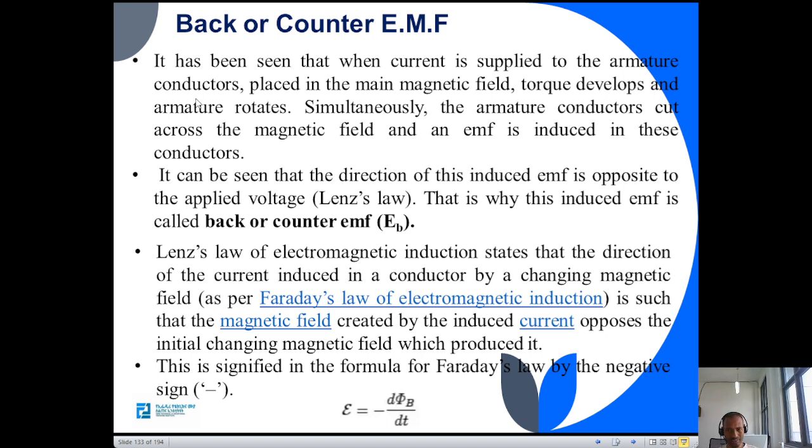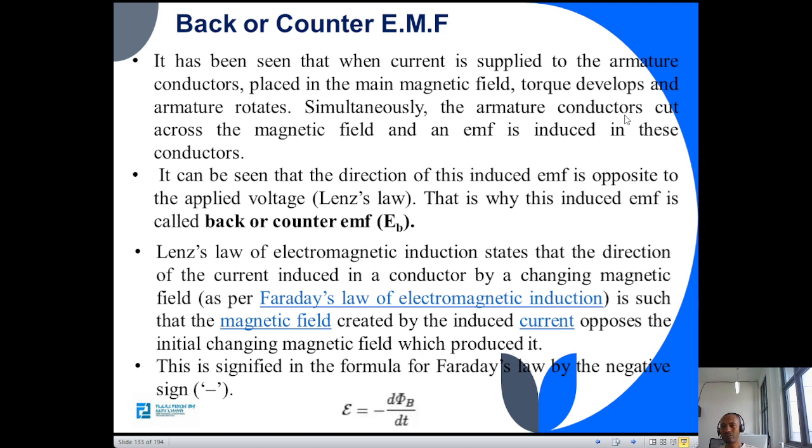armature conductor placed in the main magnetic field, torque is developed and the armature rotates. By motoring action, it means when we place a current carrying conductor inside the magnetic field, we experience a force, and a torque. Simultaneously, the moment we place it, not only the force, voltage also gets induced inside the conductor.